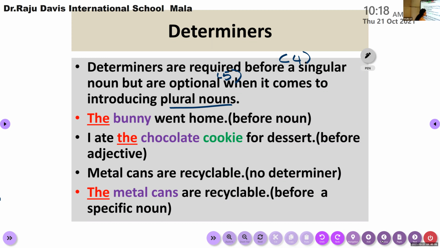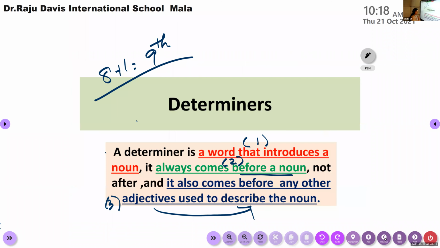Let me introduce the points again. Point number 1, a determiner is a word that introduces a noun. Point number 2, it always comes before a noun, not after.